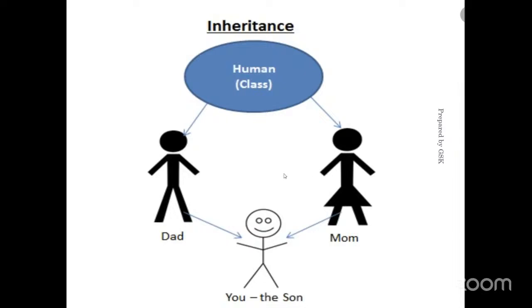And suppose from either your mom or your dad, obviously this is what we find in our real life, nothing but acquiring some properties, some behaviors from your parents. That is also a real life example for the inheritance concept.